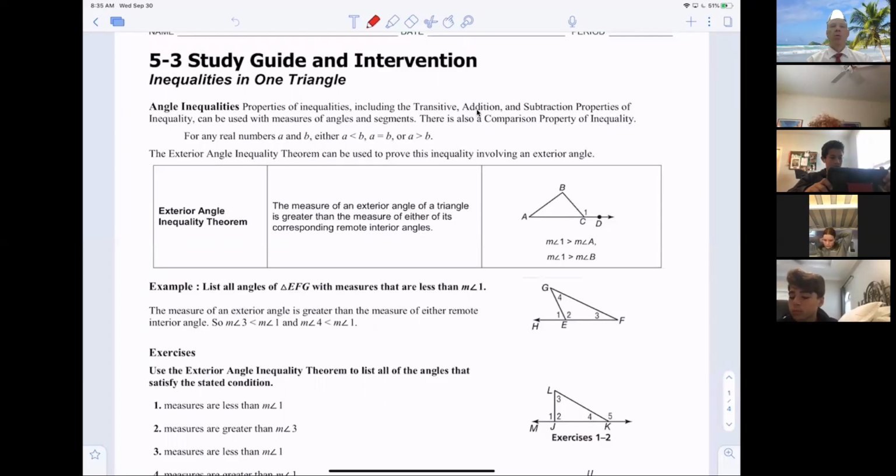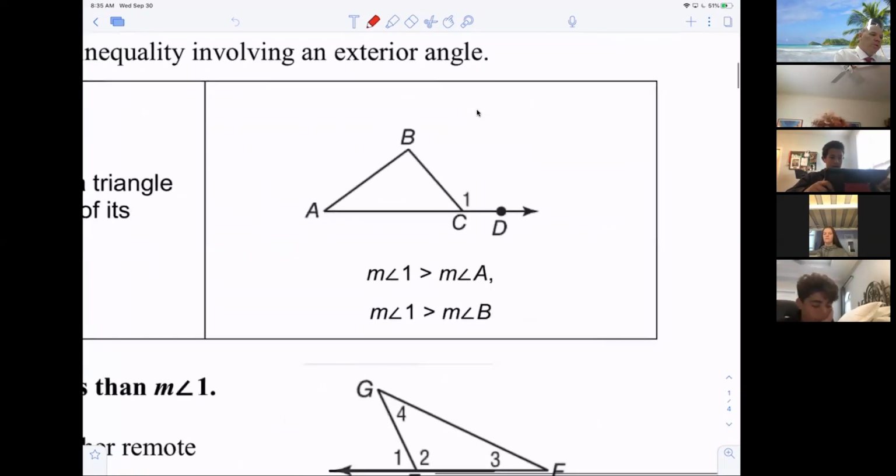Now once again, to me, the exterior angle theorem was something that was obvious. So I want someone to tell me what the measure of angle 1 is equal to here. What does measure of angle 1 equal? Angle A plus angle B. So angle 1 is the sum of angle A and angle B, correct?